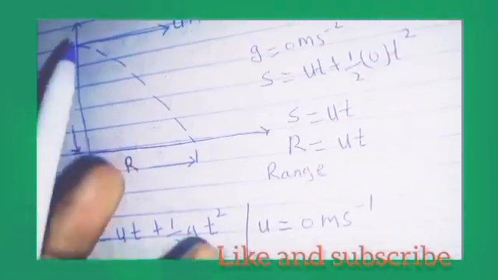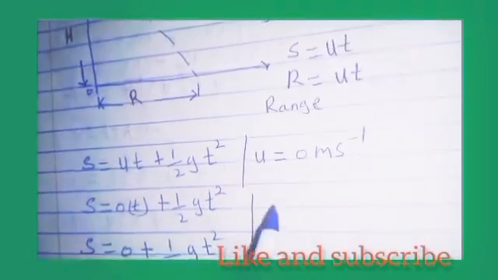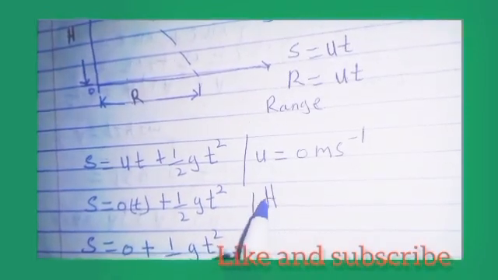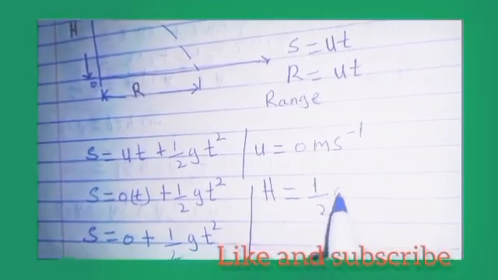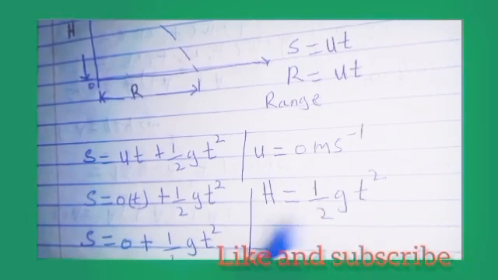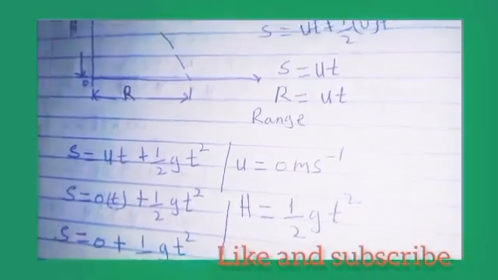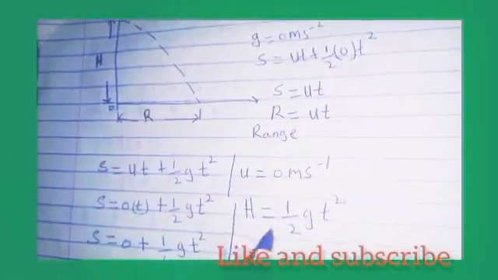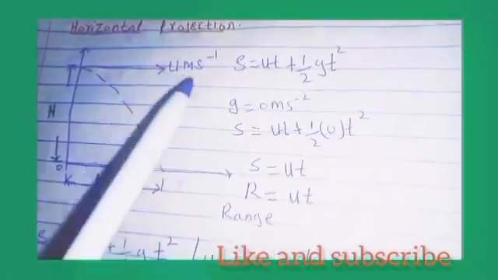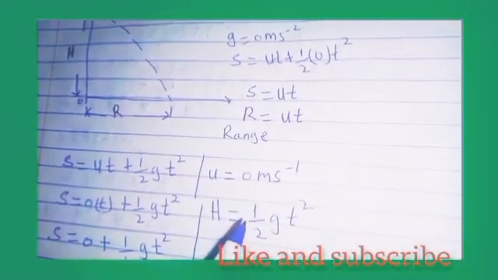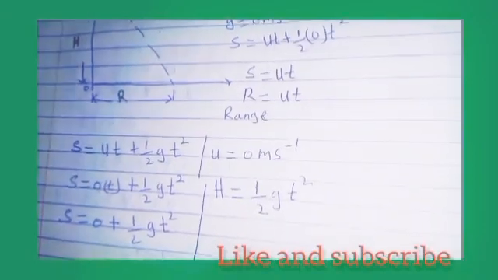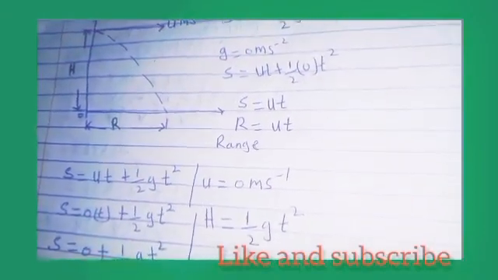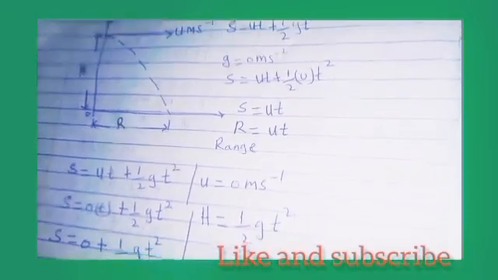So along the vertical, the height will be given by half gt squared, as shown in this diagram here. So the height of the body which is projected horizontally with the initial velocity u is given by half gt squared.